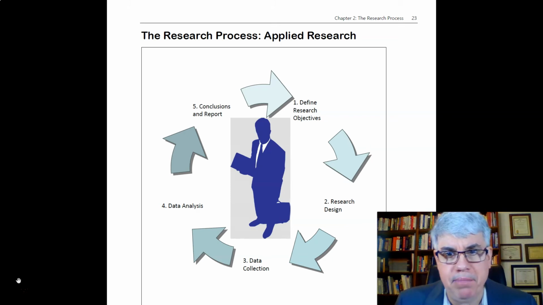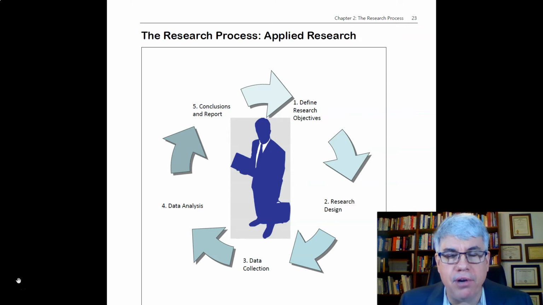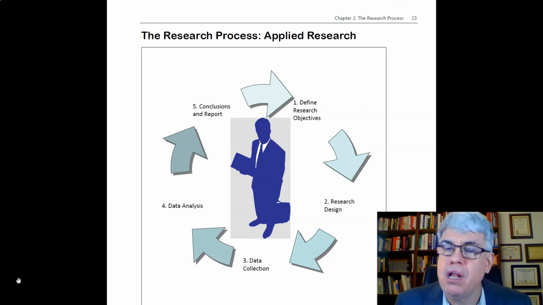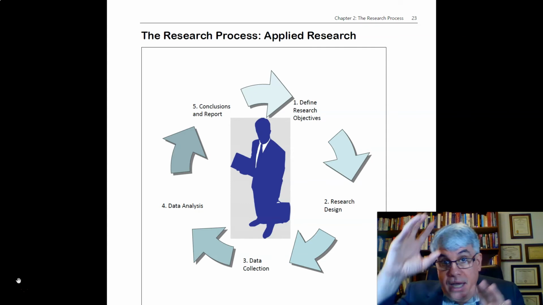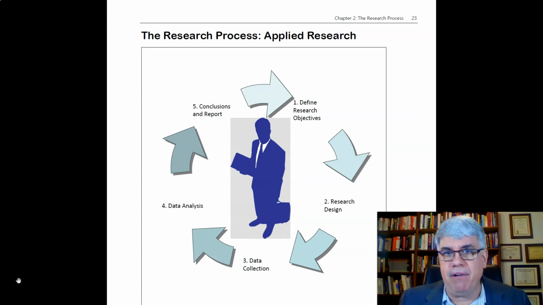We're going to start up at the top where we're going to define research objectives. It's super important to be clear what we are trying to figure out, what questions we're trying to answer, what problem we're trying to solve. If we just have this vague idea of all these different problems that we have, we go out and collect data and we're going to get really vague data that doesn't really answer anything.